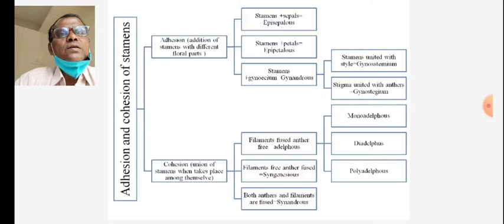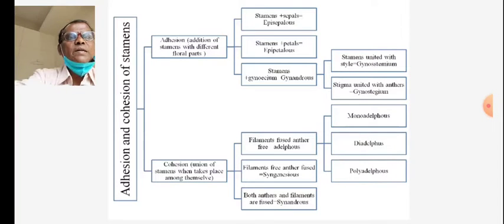Then in cohesion, union of stamens takes place among themselves. If filaments are fused and anthers are free, it is called adelphous. It is divided into monoadelphous, diadelphous, and polyadelphous. There is a tube, and on this tube the anthers or the stamens are attached with filaments.